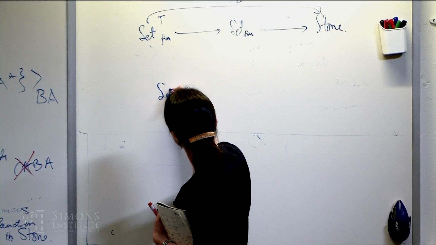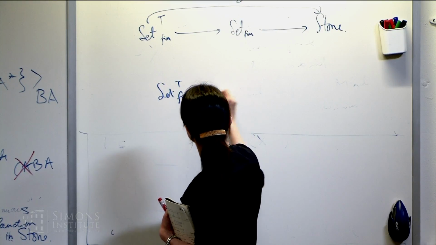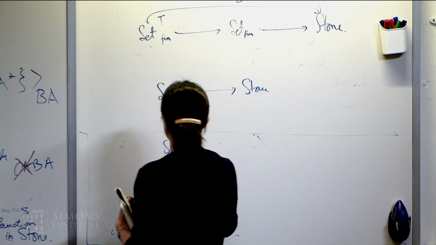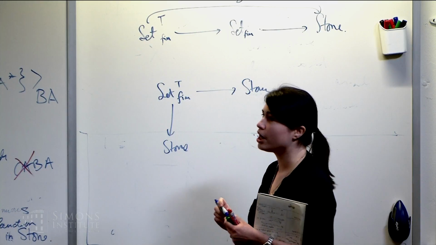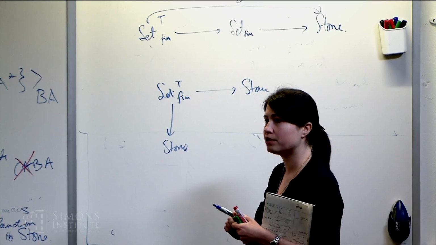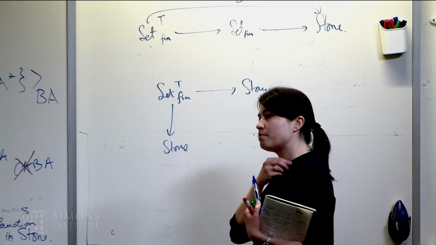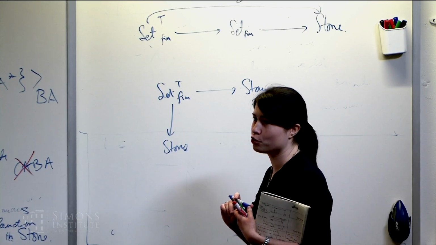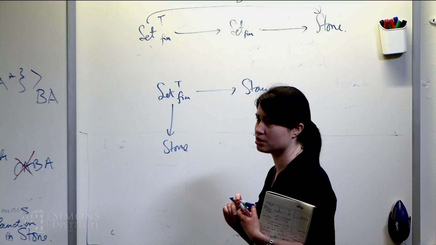Are you assuming that T is closed on finite sets? No, it works in general. But there are some aspects of this theory which would work much better if T preserves finite sets.